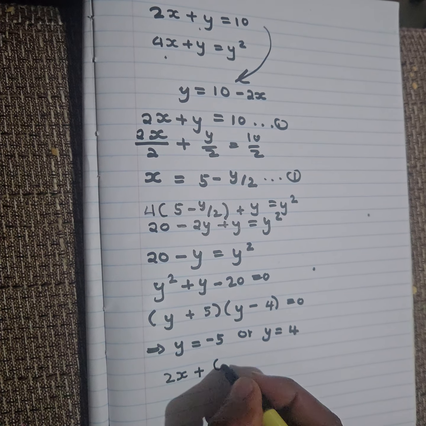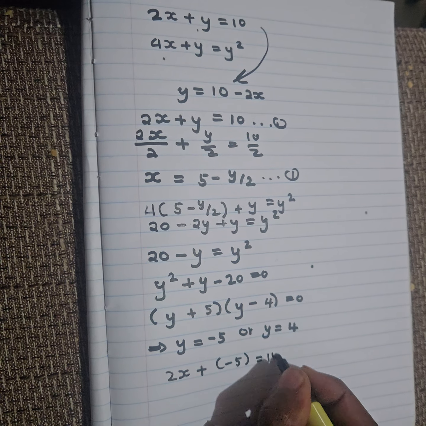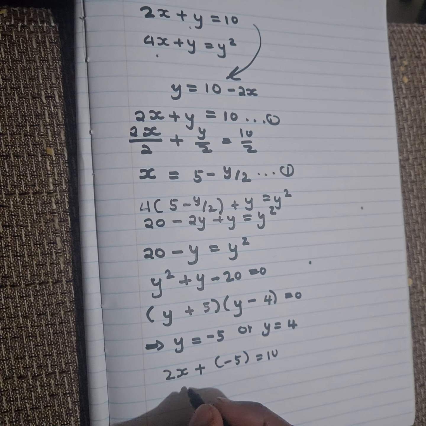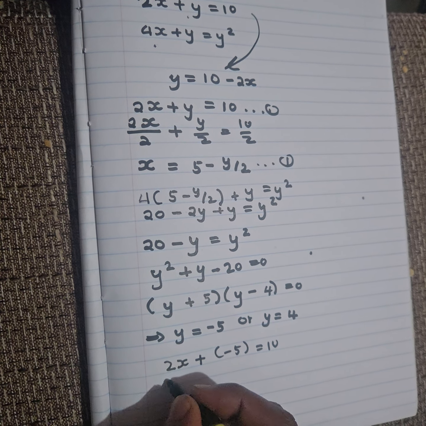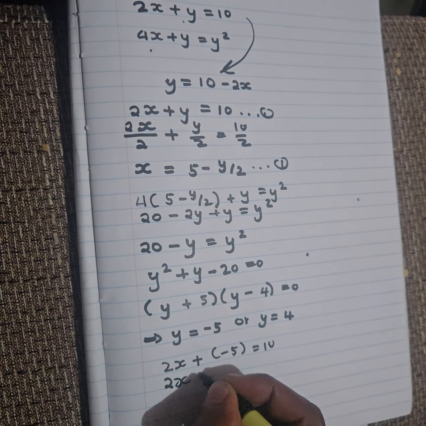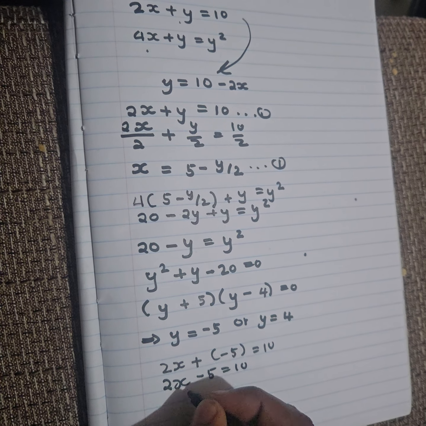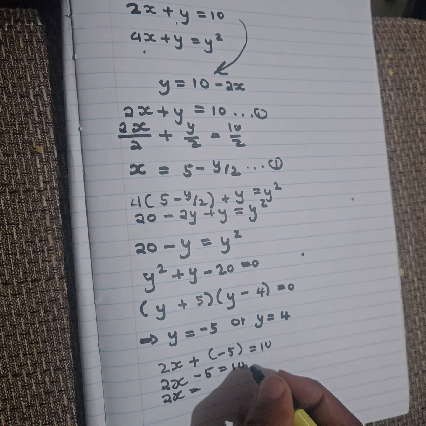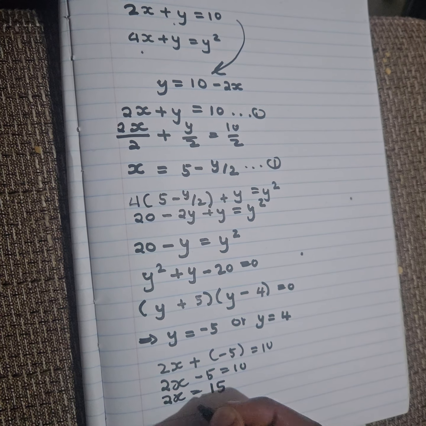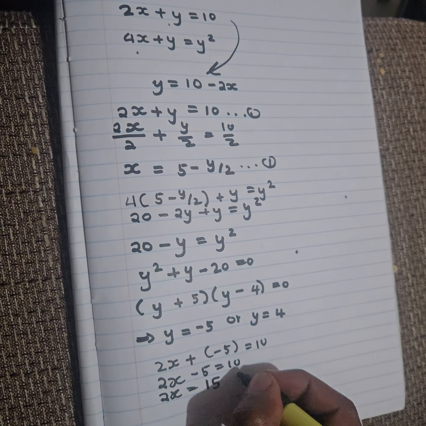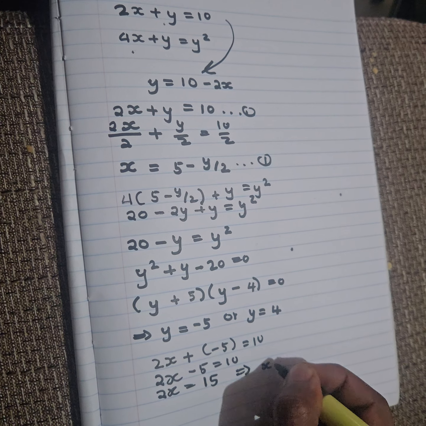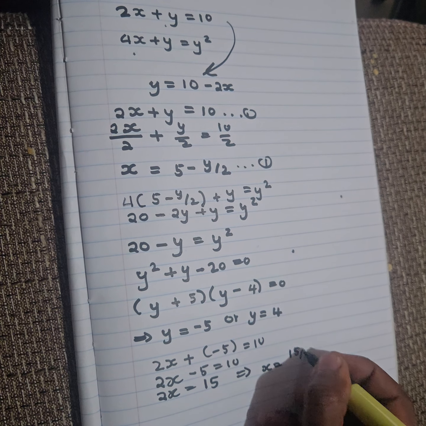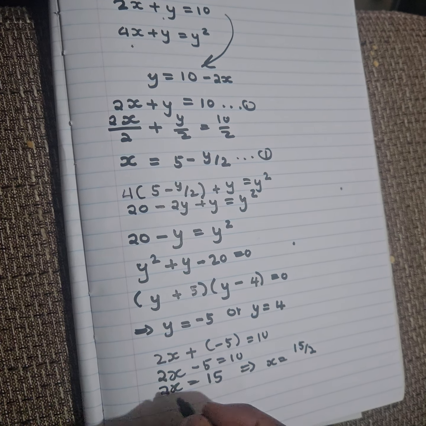Let's use minus 5 equals 10. So now we're solving for x. 2x minus 5 equals 10. 2x equals 15. This implies that x equals 15 halves.